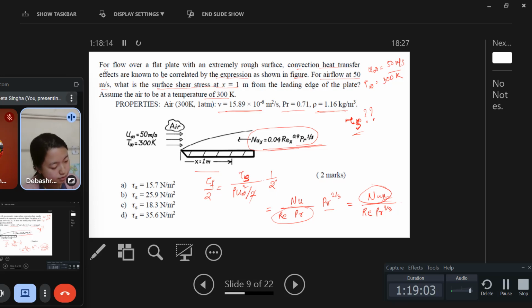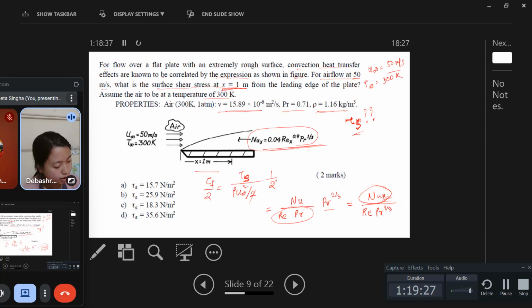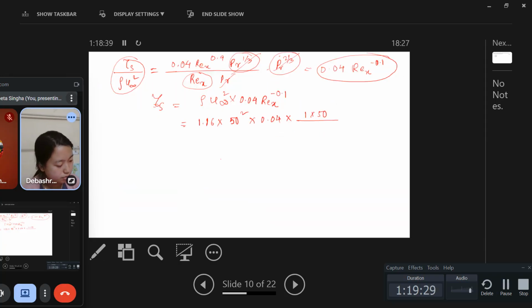L into U, L is this x, that is 1 meter, U is this 50 meter per second, and divided by nu. Nu is how much? 15.89 into 10 to the power minus 6.